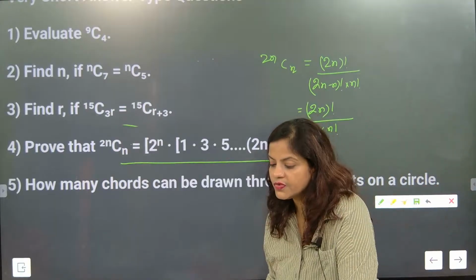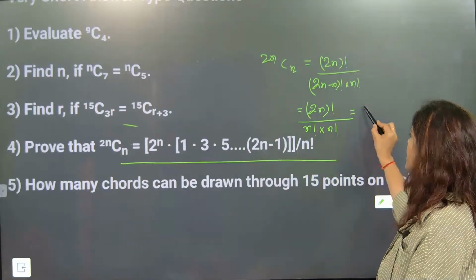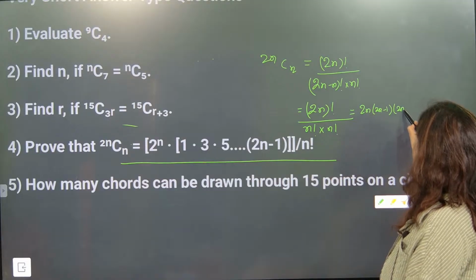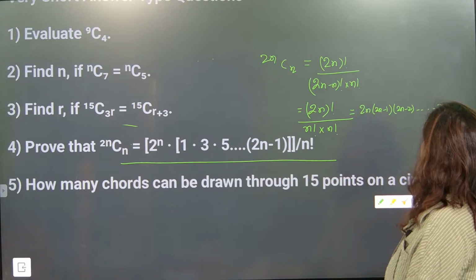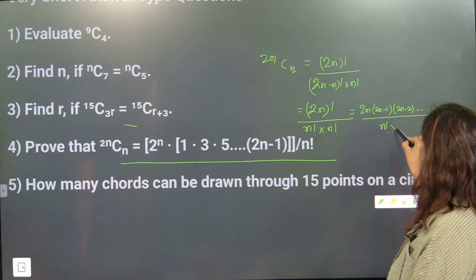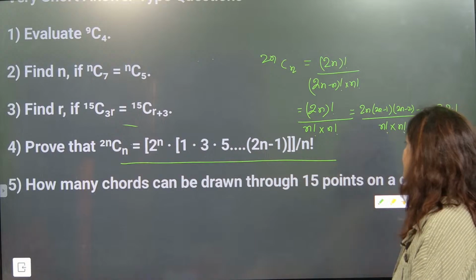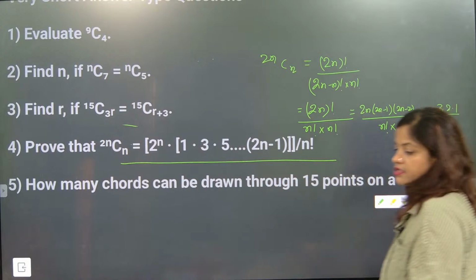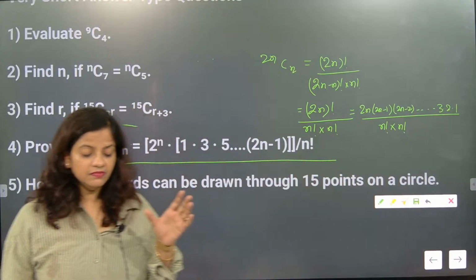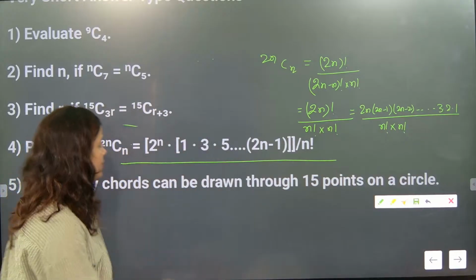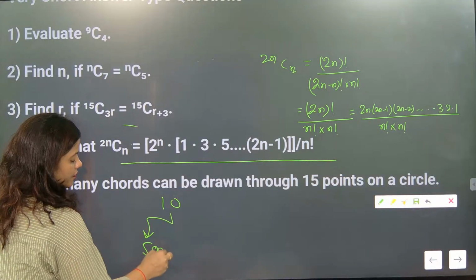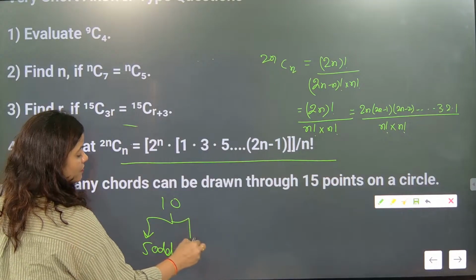Now how to solve this one? Now 2n factorial can be written as 2n into 2n minus 1, 2n minus 2 till 3, 2, 1, by n factorial into n factorial. Till here written. Now beta, since 2n numbers are there, if somebody gives you 10 numbers, in those 10 numbers 5 numbers will be odd and 5 numbers will be even.